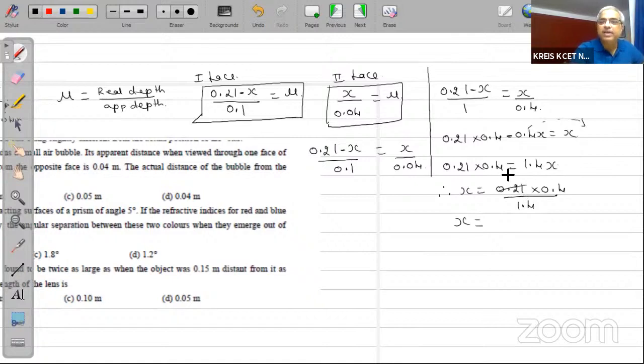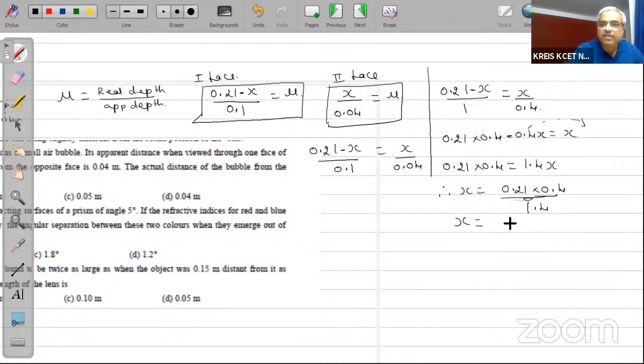This becomes something like, ಇದನ್ನ 7 ಇಂದ ಡಿವೈಡ್ ಮಾಡಿದ್ರೆ 0.3 ಅಂತ ಇಟ್ಕೊಳ್ಳೋಣ. Okay, simplify this and see what you get. 0.21 divided by 1.4.